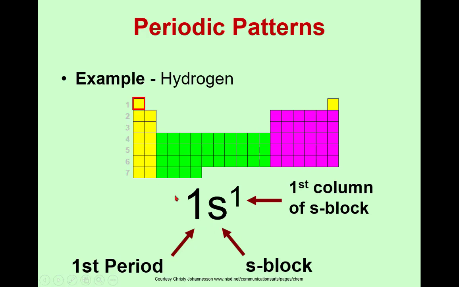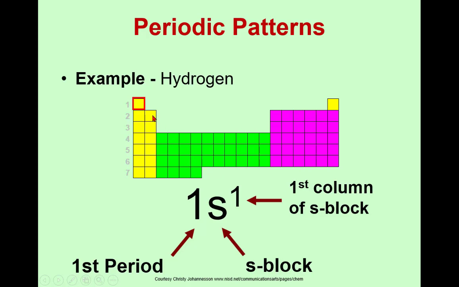For example, if we have a 1s1 electronic configuration, this tells us that the element belongs to principal quantum number 1, and s depends upon the s block, the block of the element. This is the first column of the s block.